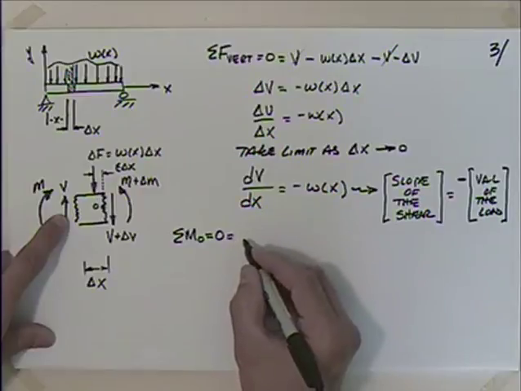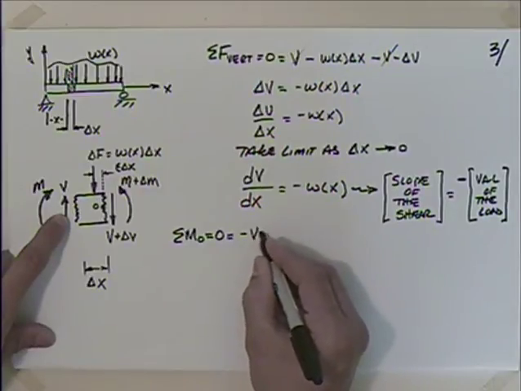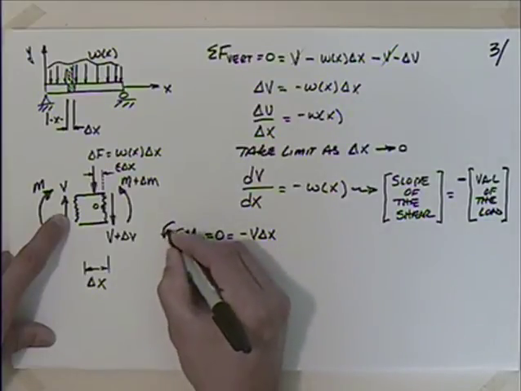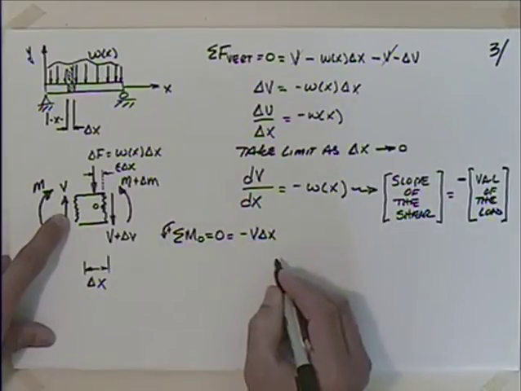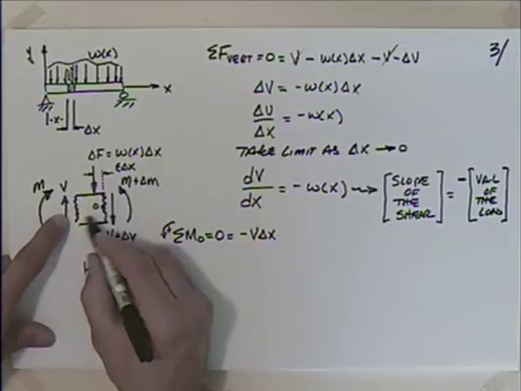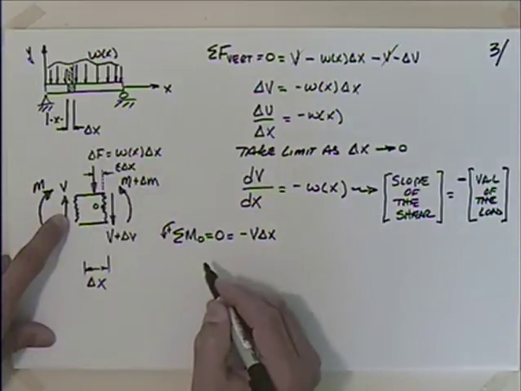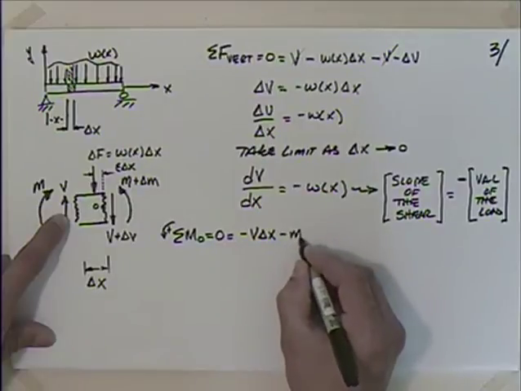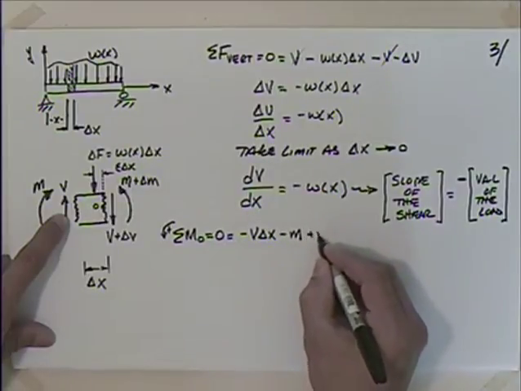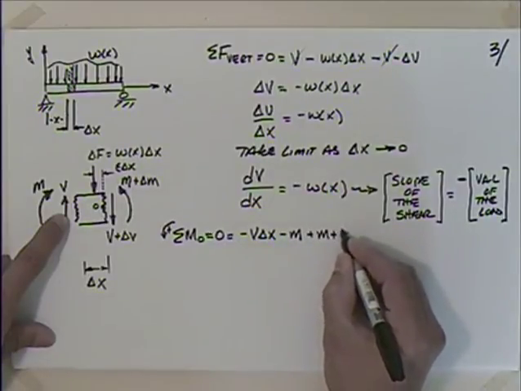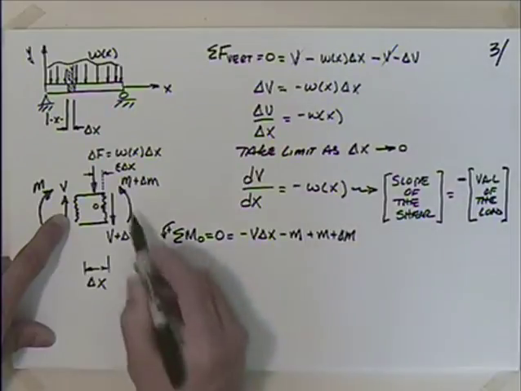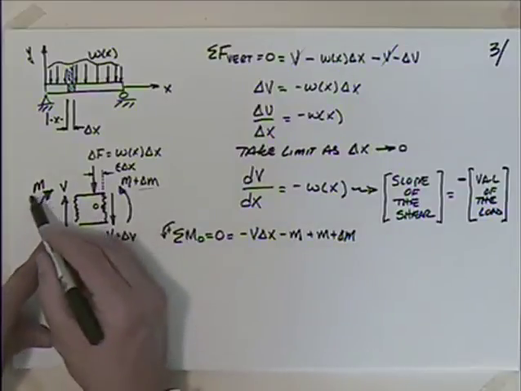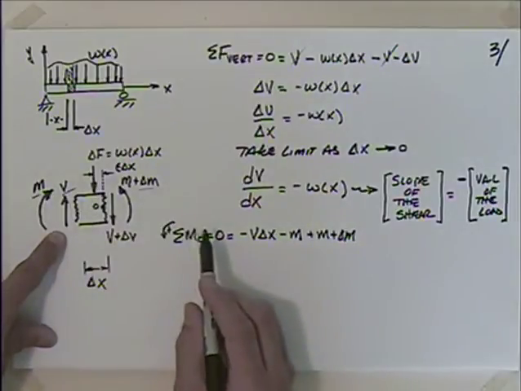So I'm going to have minus V times delta X. Looks like I'm taking counterclockwise as positive. So this force here times that distance. And then I'm going to have to subtract off M, but I get to add M plus delta M. This one's positive, that one's negative. So I've taken care of that one, that one, and that one.